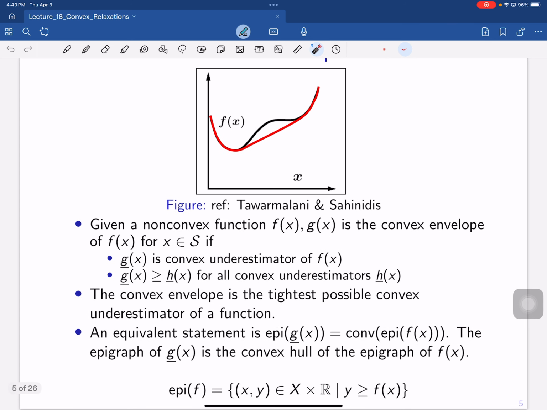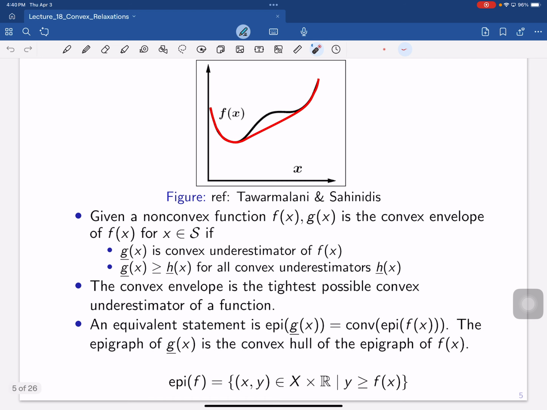Now the definition: given a function f of x, G of x is called the convex envelope of f of x if the following hold. First of all, G underbar x is a convex underestimator of f of x, so it is always smaller than or equal to f of x.